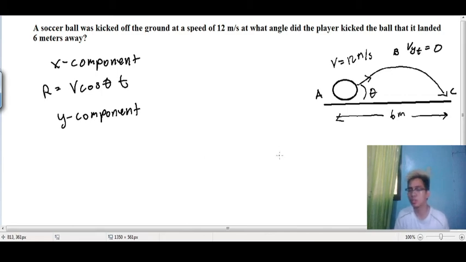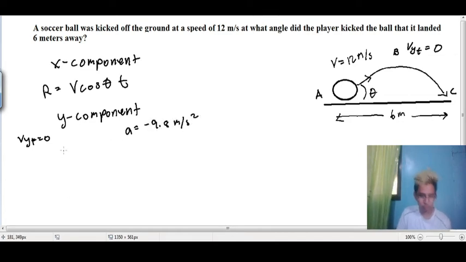I already told you that when I was talking about motion in the vertical direction. So let us insert the given: Vy final is equal to 0. The acceleration is constant, negative 9.8 meters per second squared.